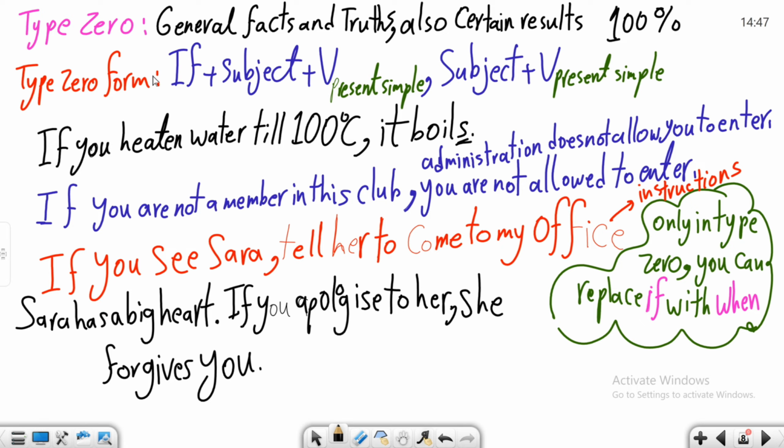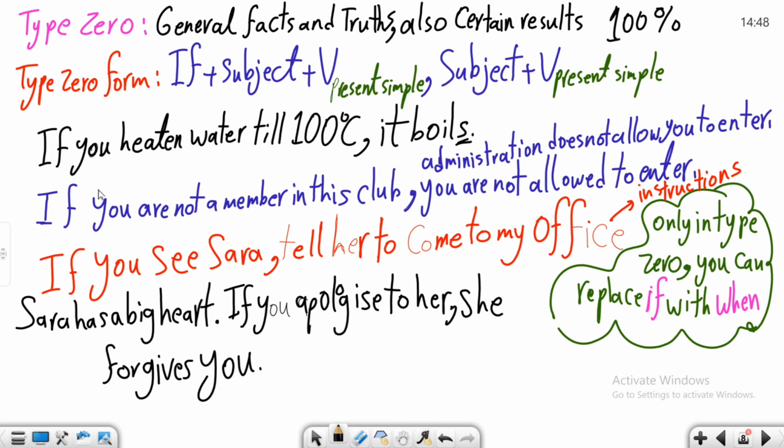So when we are sure 100%, because this is a scientific fact, or even a personal fact, as we are going to see later, we use present simple. So this is always true, and the result is certain 100%. In the other example, example number 2, if you are not a member in this club.